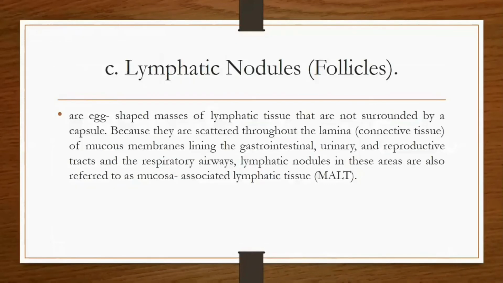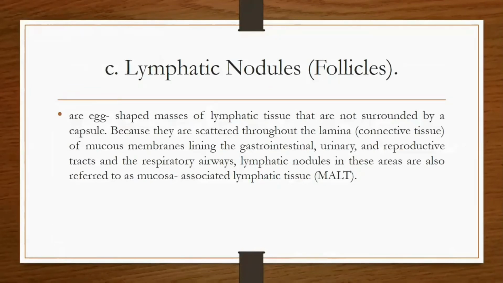Next is lymphatic nodules. These are egg-shaped masses of lymphatic tissue that are not surrounded by a capsule, because they are scattered through the lamina propria connective tissue of the mucous membranes lining the gastrointestinal, urinary, and reproductive tracts and respiratory airways.